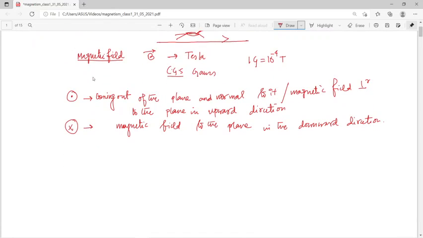Now, what is the nature of the magnetic field? That can be easily seen by an experiment.